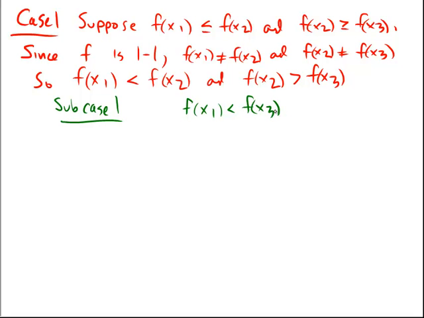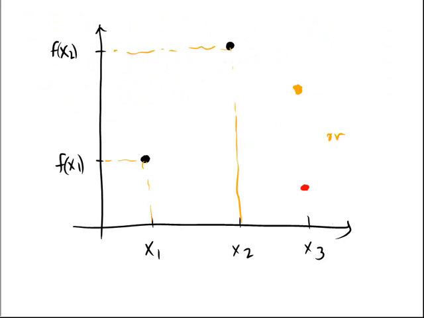Back to the picture, I'm saying f of x1 is less than f of x3, so I am supposing that we are doing this case. This would be the f of x3, and then we'll just have to do another subcase for when we had the red point instead of the orange one.